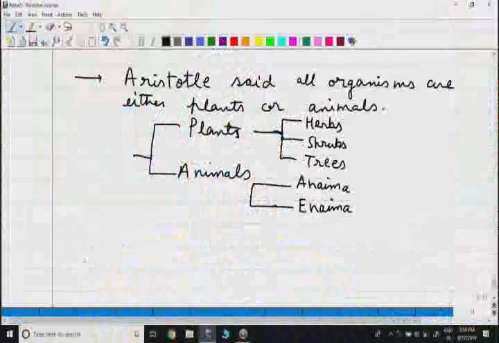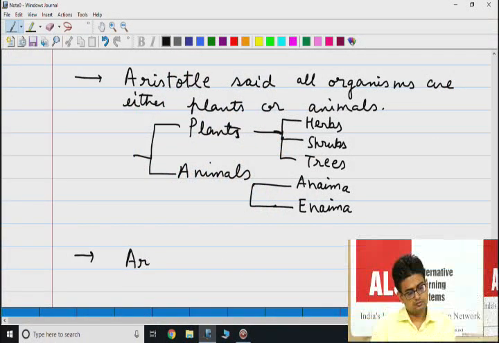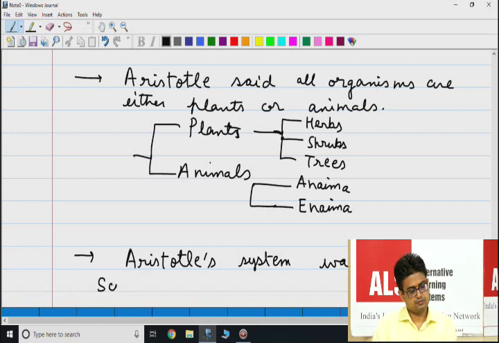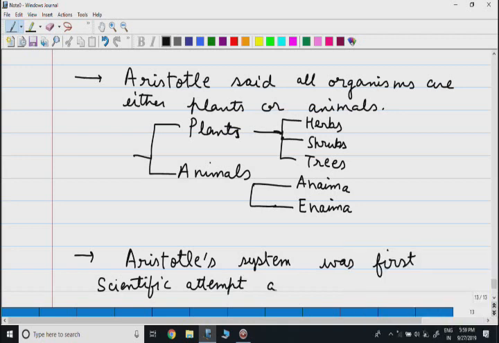So please quickly write. Aristotle's system of classification was first scientific attempt at classification.